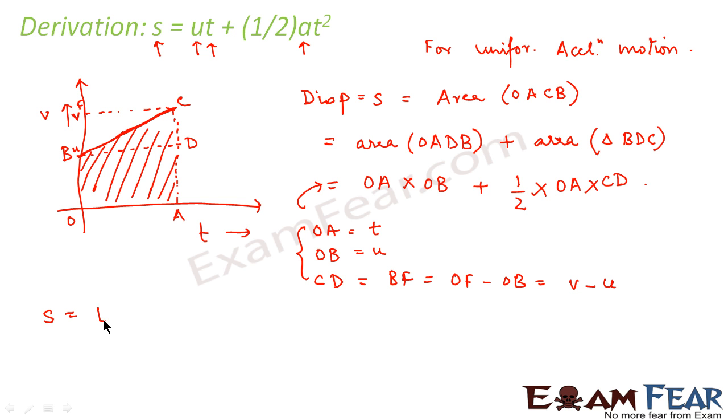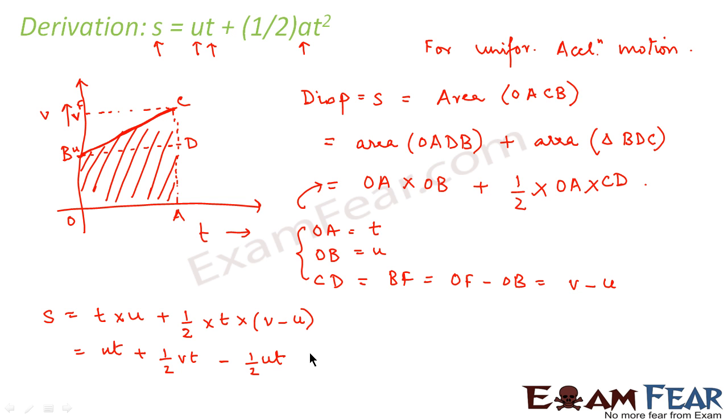S is equal to T into U plus half into T into V minus U. So now this is UT plus half VT minus half UT.